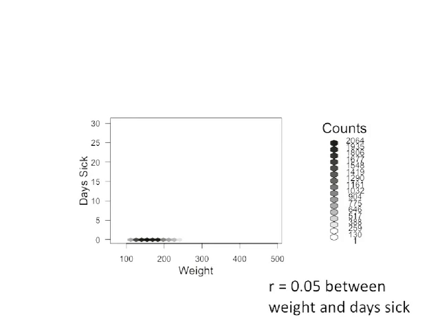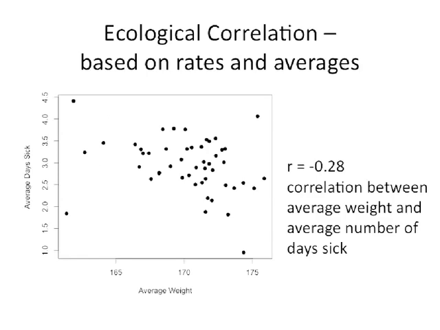Now we could actually compute the average weight by state and the average number of days sick in a particular state. And when we do that, we get a correlation of minus 0.28.